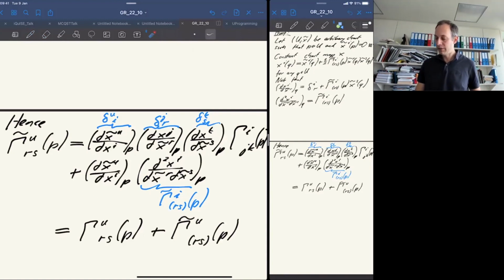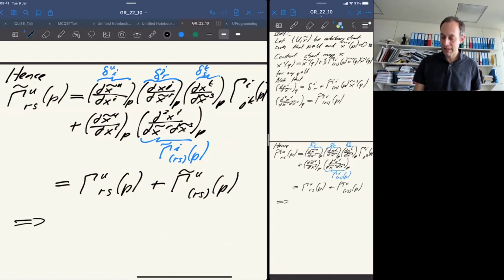Torsion-free means that the gamma symbols are anyway symmetric. So I can as well just drop the bracket here. And if I drop the bracket, then we have here and here just exactly the same expression. And so that can, of course, only be the case if gamma U R S at P is equal to 0. And that concludes the proof.